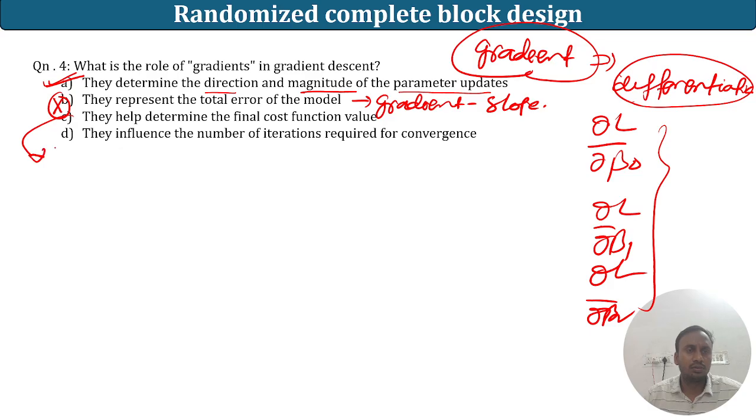No. How come? Just tell me. The final cost function will change with different parameters, other factors also. The gradient will tell which direction it can go, but will not tell the final cost function. So again it can't be the answer.